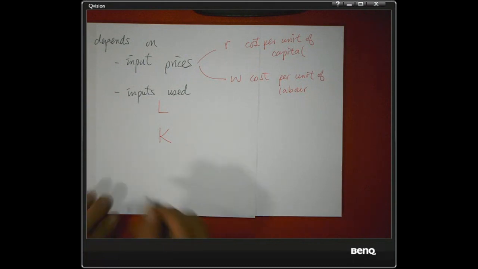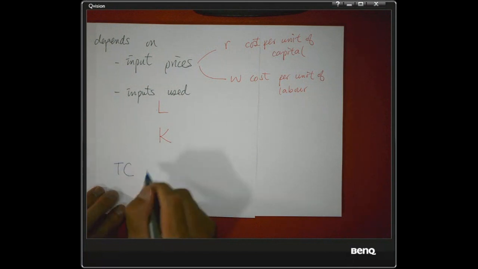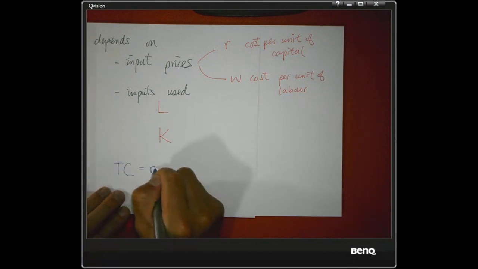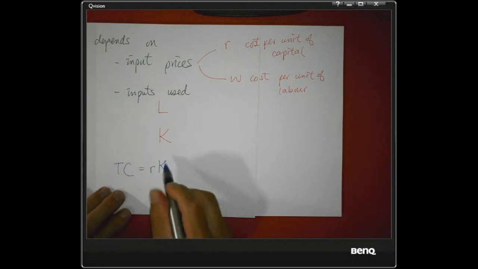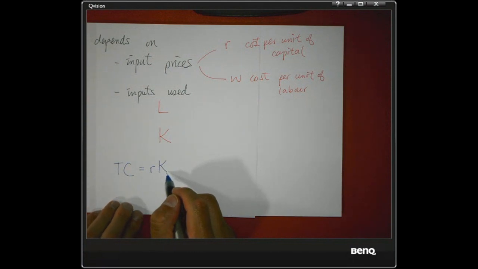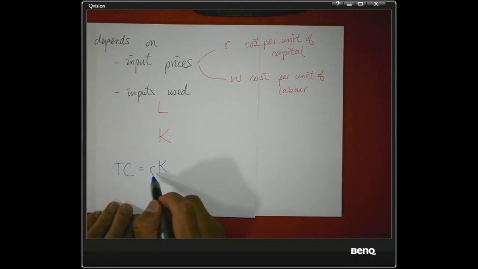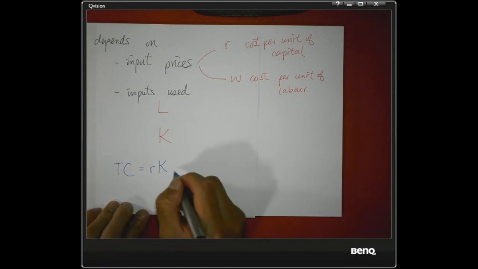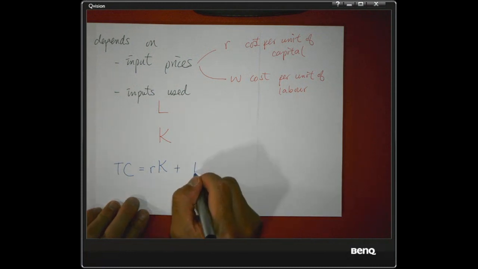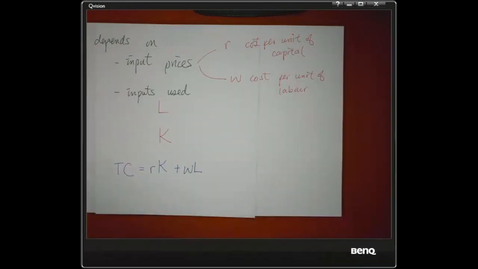In other words, the total cost is how much capital you use and how much each unit of capital will cost you, plus how much labor you use and how much each unit of labor will cost you. So this is the total cost equation.